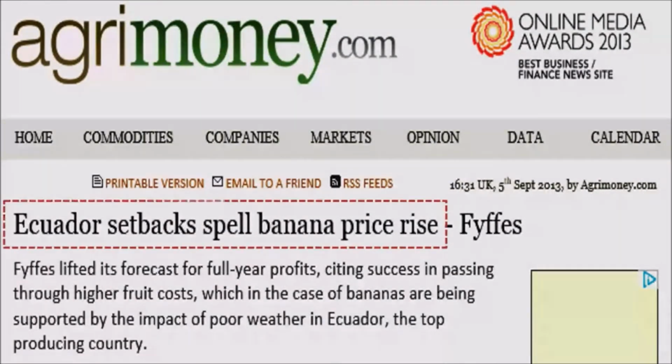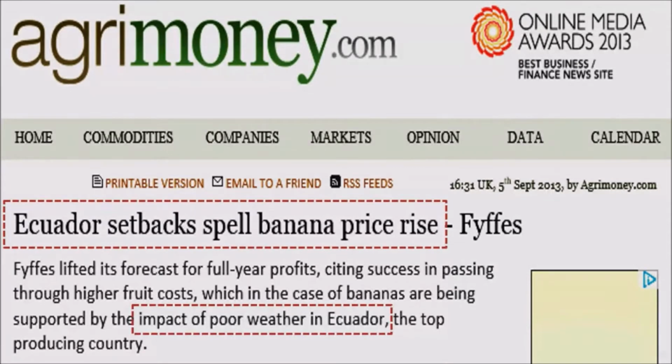Ecuador setbacks spell banana price rise. Poor weather affected the banana plantations and fewer bananas were produced. Prices of banana on the world market went up. Not difficult to find examples.